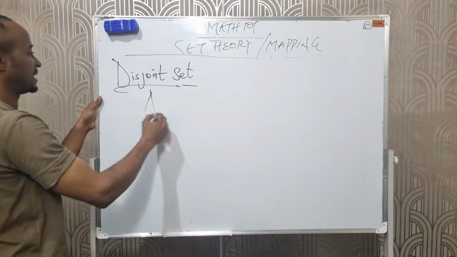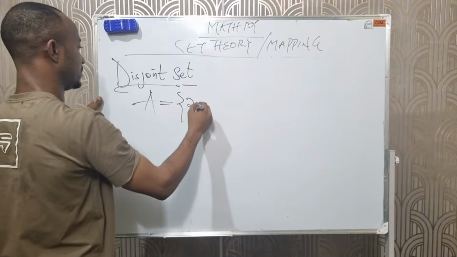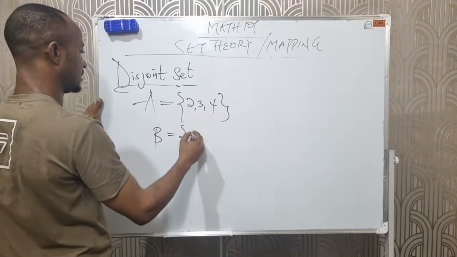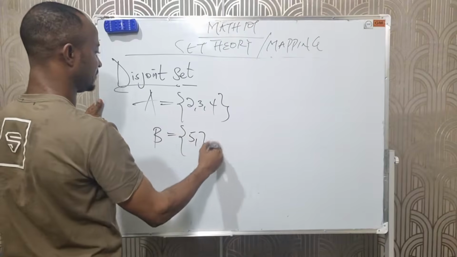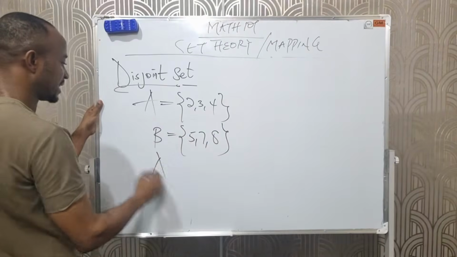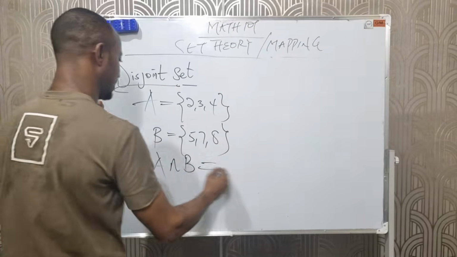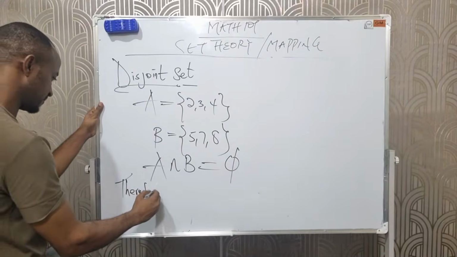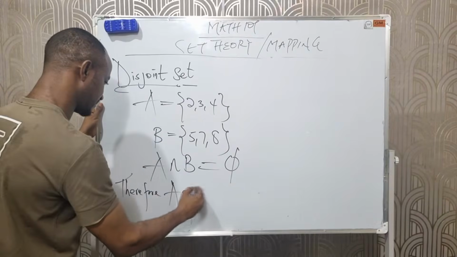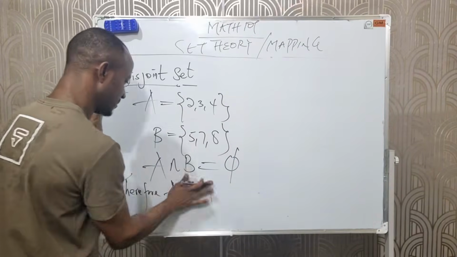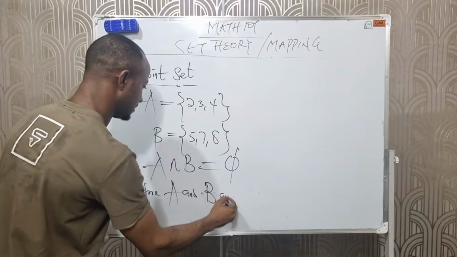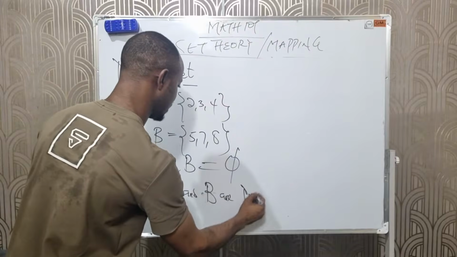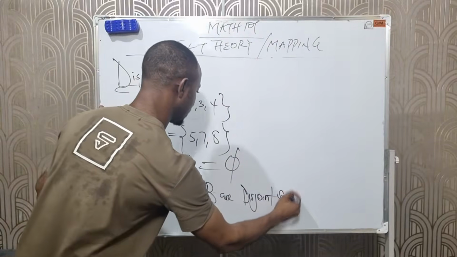For example, if set A is 2, 3, 4, and set B is 5, 7, 8, that means A intersection B is an empty set. Therefore, set A and set B are disjoint sets.